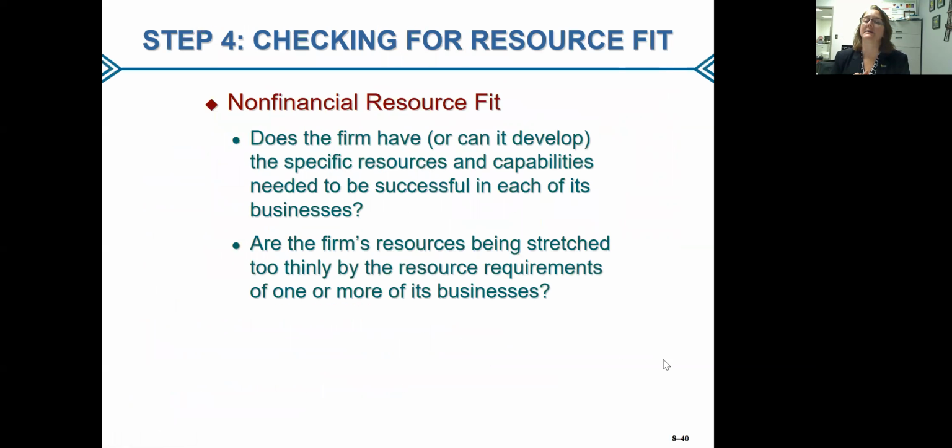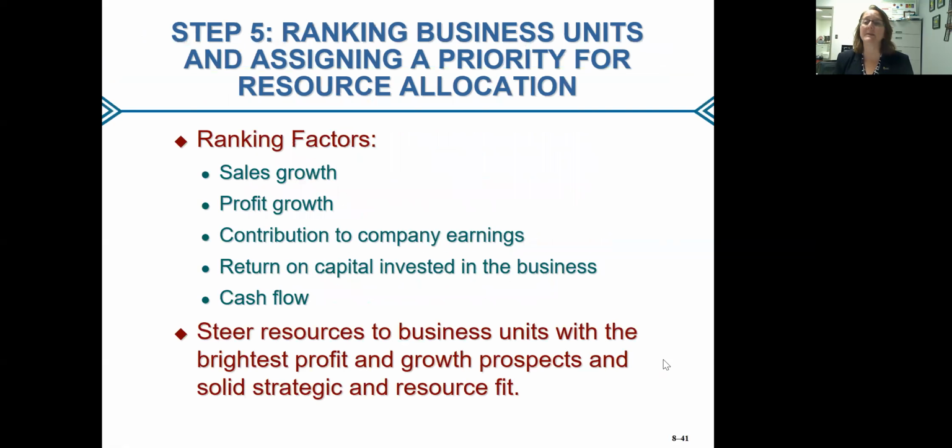Step 4 is non-financial resource fit. Does the firm have or can it develop the specific resources and capabilities needed to be successful in each of the businesses? Are the firm's resources being stretched too thinly by the resource requirements of one or more of its businesses? Step 5, ranking business units and assigning a priority for resource allocation.